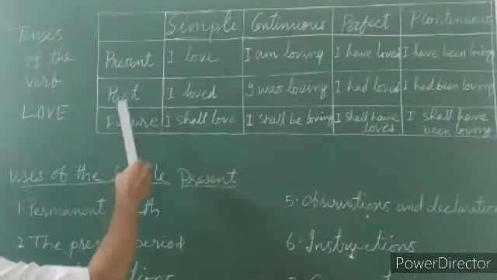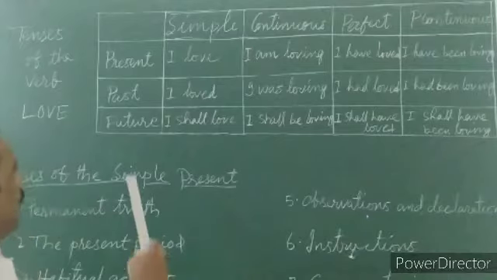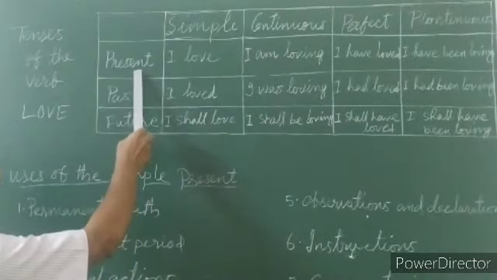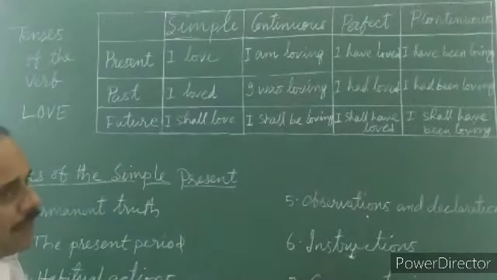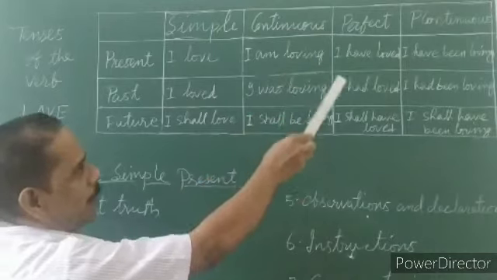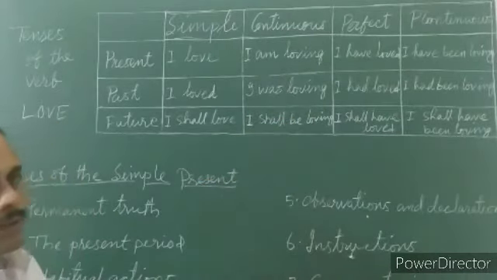So as you have seen, there are three tenses: present, past and future. Every tense has got four forms: the simple form, continuous form, perfect form and perfect continuous form.